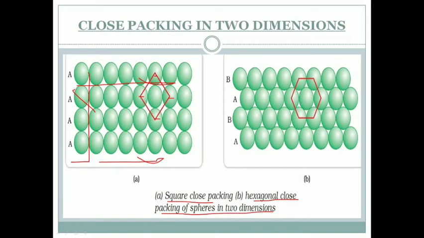Then this is hexagonal close packing. Here you can see the second row may be placed above the first one in a staggered manner such that its spheres fit into the depressions of the first row. Here you can see.